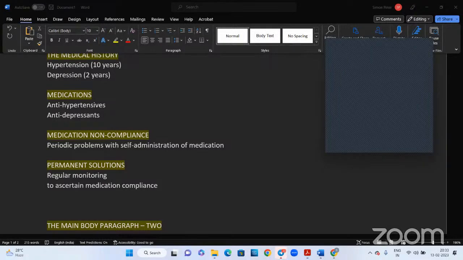Did you understand how I chose the relevant information for MBP 1? Yes? Hit the button. Yes, first. So we'll move to the second paragraph.